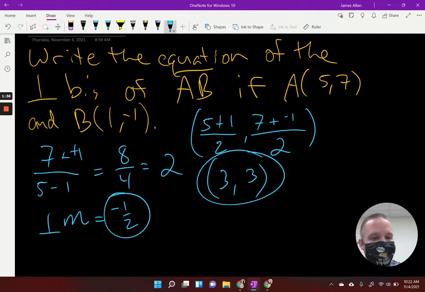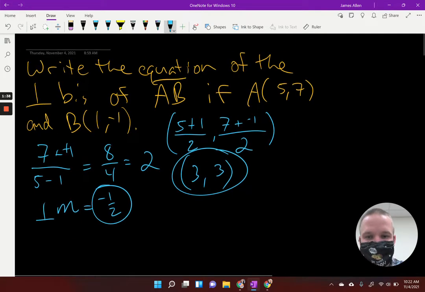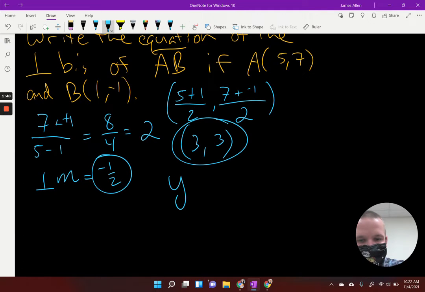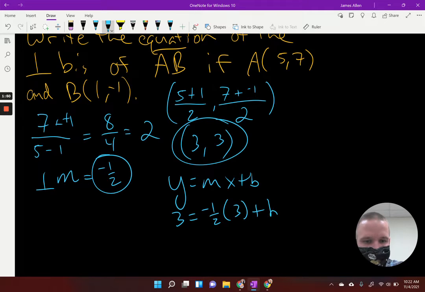Here's my slope. I can now write an equation of a line with this information. So y equals mx plus b. My 3 and 3 going for y and for x. So 3 equals negative 1/2 times 3. Oh no, we're going to have to deal with fractions. How sad. All right. So you get 3 equals negative 3 over 2 plus b.